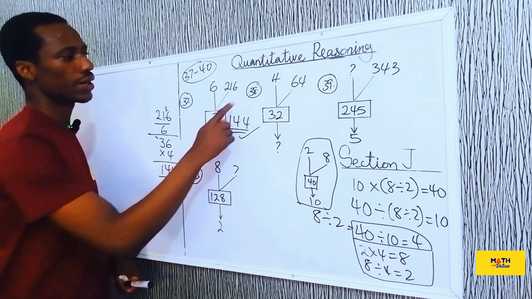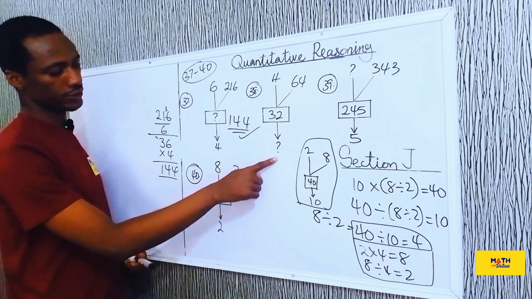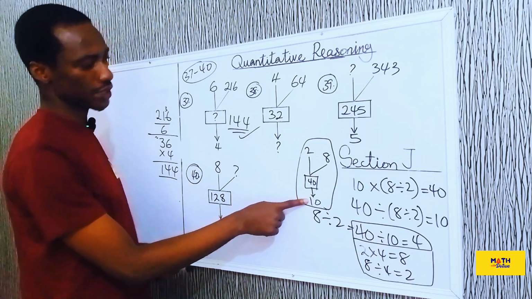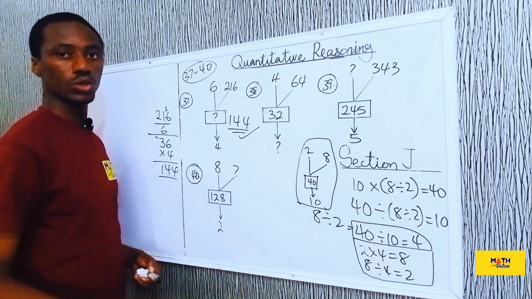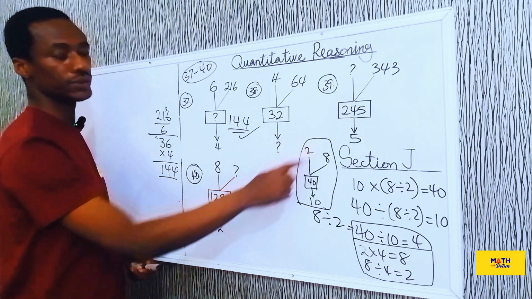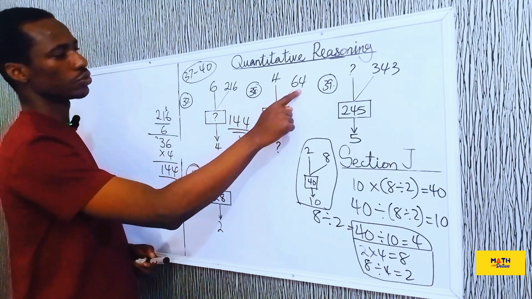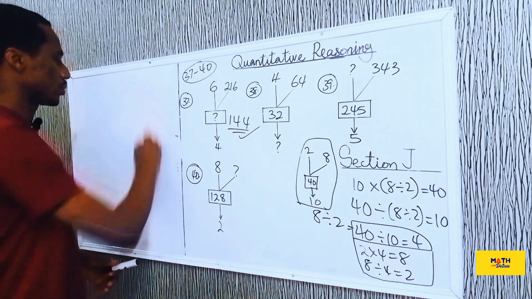Okay. Number 38. We're looking for this last part missing from our sample that is in place of 10, right? So how did we get the 10? We did this division, 8 divided by 2, which is 4, and then we divided 40 by that result, all right? So 40 divided by 4, 10. So here we do 64 divided by 4, all right?